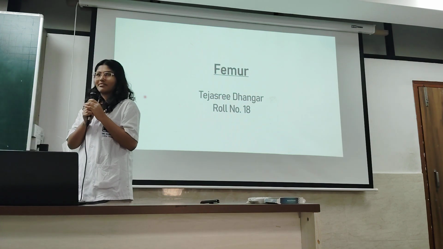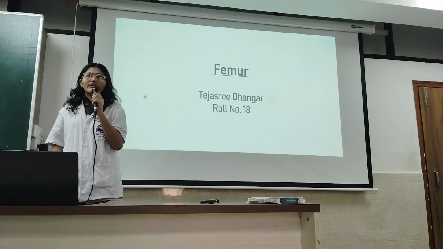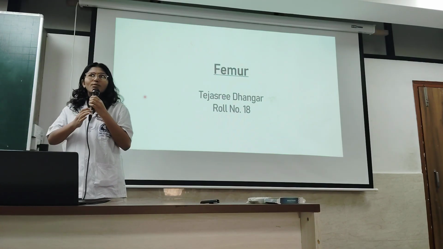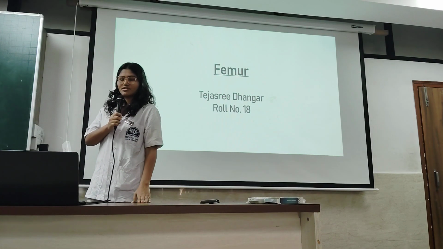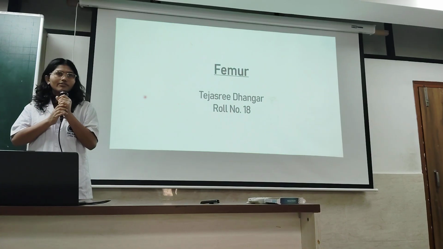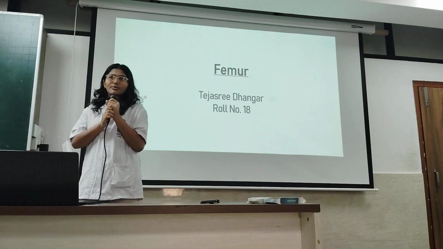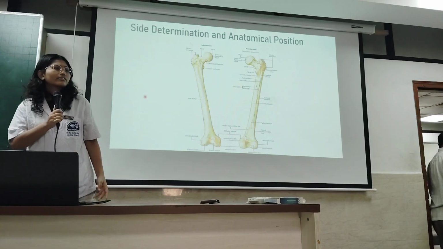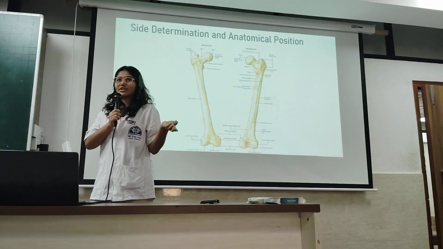The femur is not just the longest and strongest bone of the body, but it also helps in posture, weight bearing and function. First of all, I start with the anatomical position and side determination of the femur. There are a few factors for anatomical position.